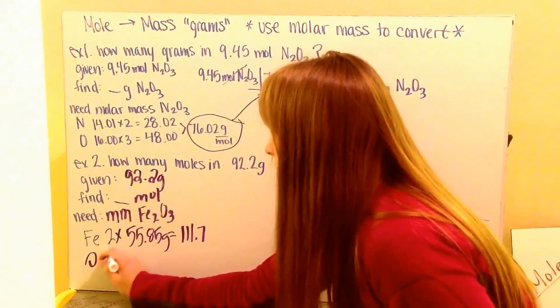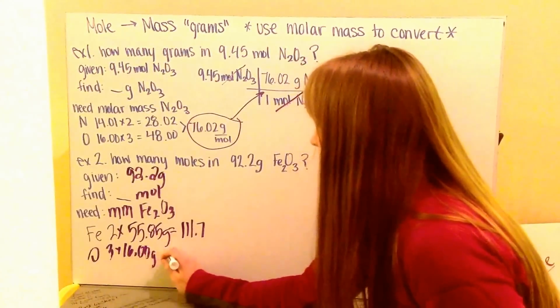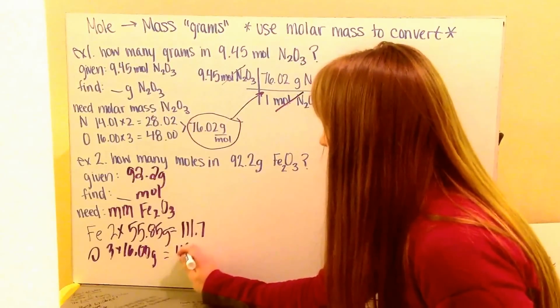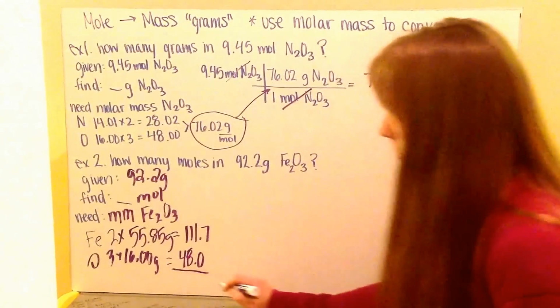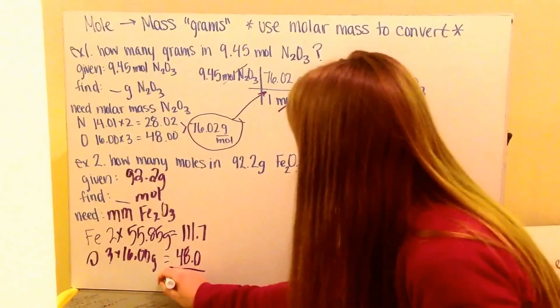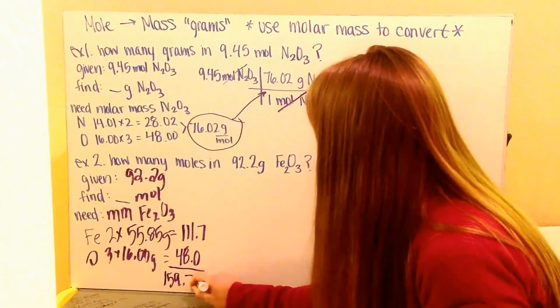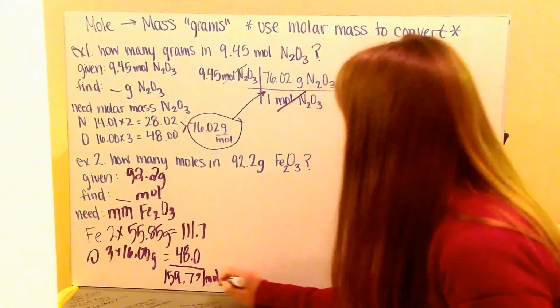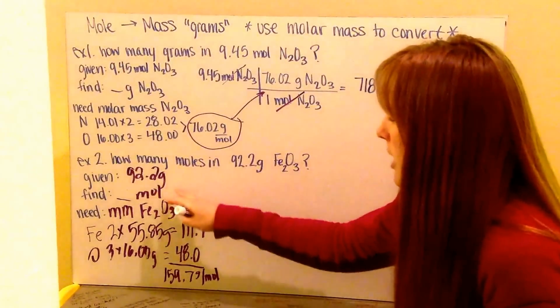Oxygen, I have 3 atoms times my 16.00 grams, gives me a contribution of 48.0 grams. When I add them together, I get a molar mass of 159.7 grams per mole. This molar mass is what I will use to help me convert between grams and moles.